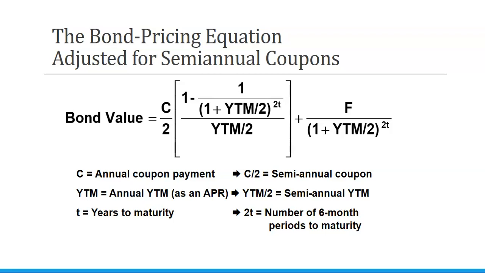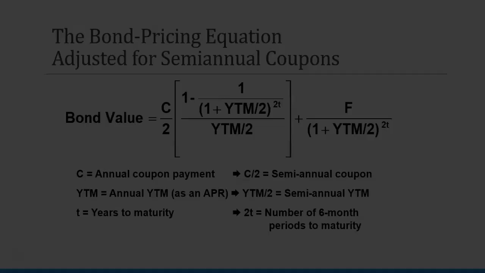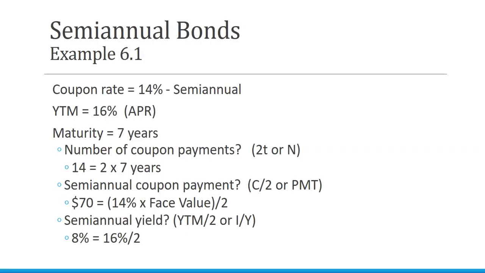So let's look at an actual mathematical example for semi-annual bonds. Here's a semi-annual bond that has a coupon rate of 14% and a yield to maturity of 16%. The APR is the yield to maturity. Our maturity is 7 years and we have 2 coupon payments. So if we have 2 coupon payments over 7 years, that means our number of periods is 14.